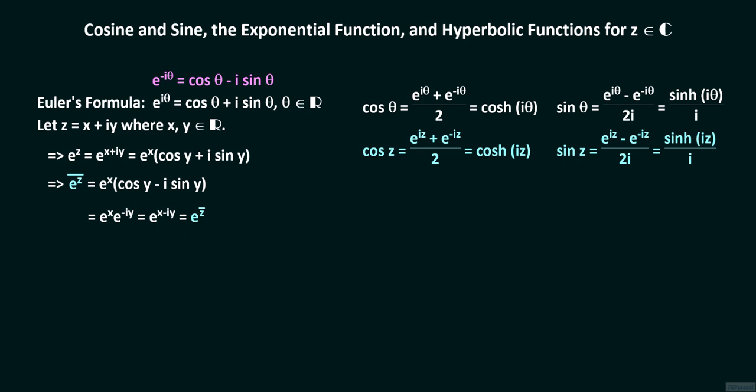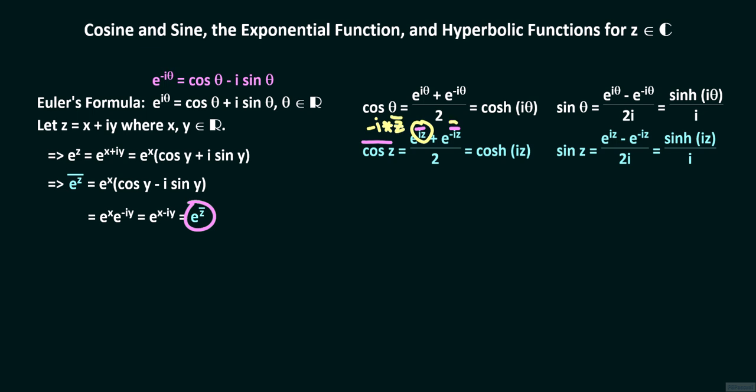To determine the conjugate of cosine z, we find the conjugate of this numerator and 2, and the conjugate of 2 is 2. By using the fact that the conjugate of e to the z power equals e raised to the power z conjugate, we take the conjugates of the exponents to find the conjugate of cosine z. The conjugate of i times z is minus i times the conjugate of z.